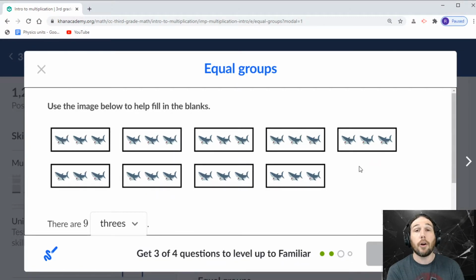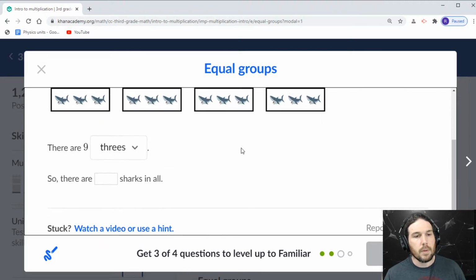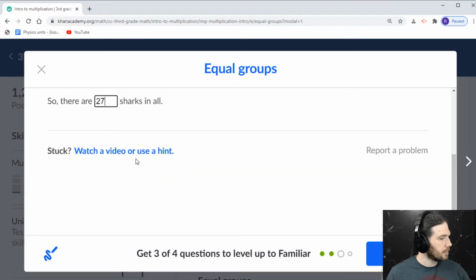But yeah, there are 9 threes. 9 times 3. So that's 27. And I don't have to count all the sharks, and I don't have to skip count. I don't have to go 3, 6, 9. I can just multiply, which again is new at this point. So there are 27 sharks.